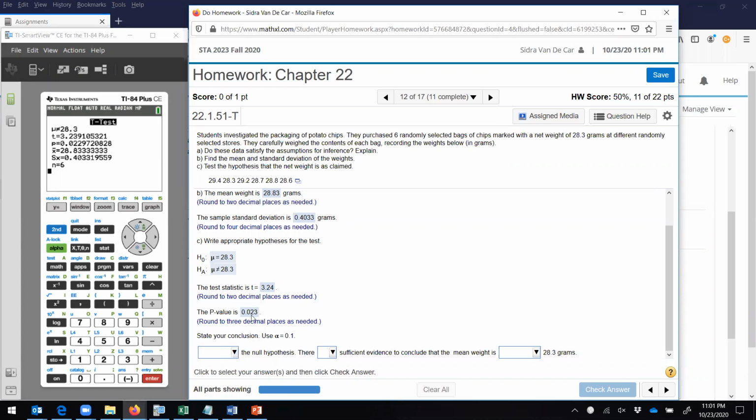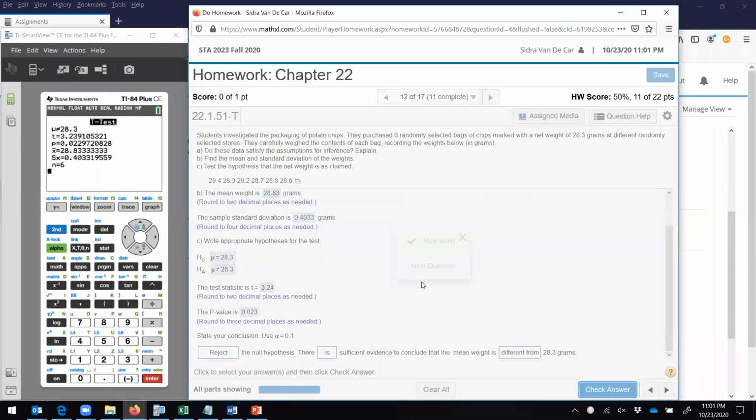Notice that this is less than the alpha value, so we are going to reject the null. There is sufficient evidence that the mean weight is different from what our alternative hypothesis is.